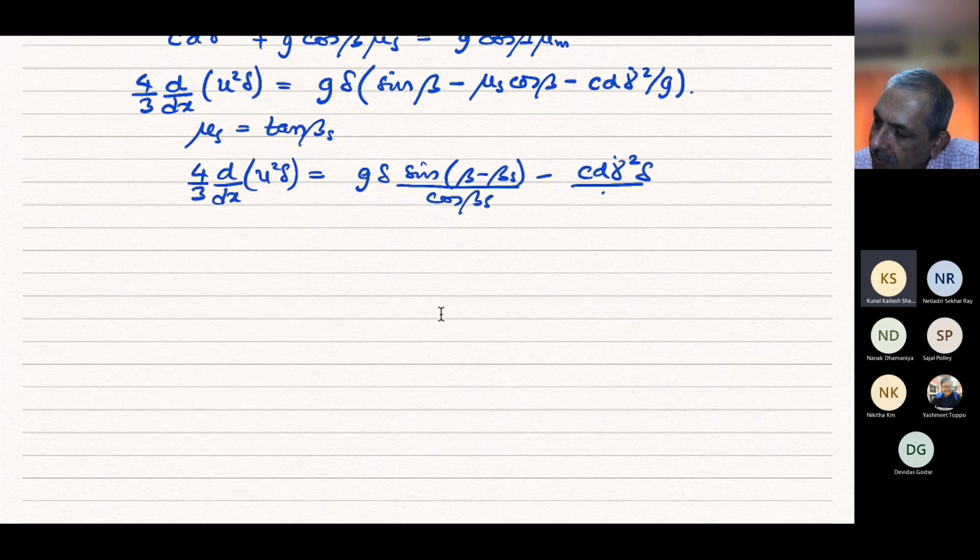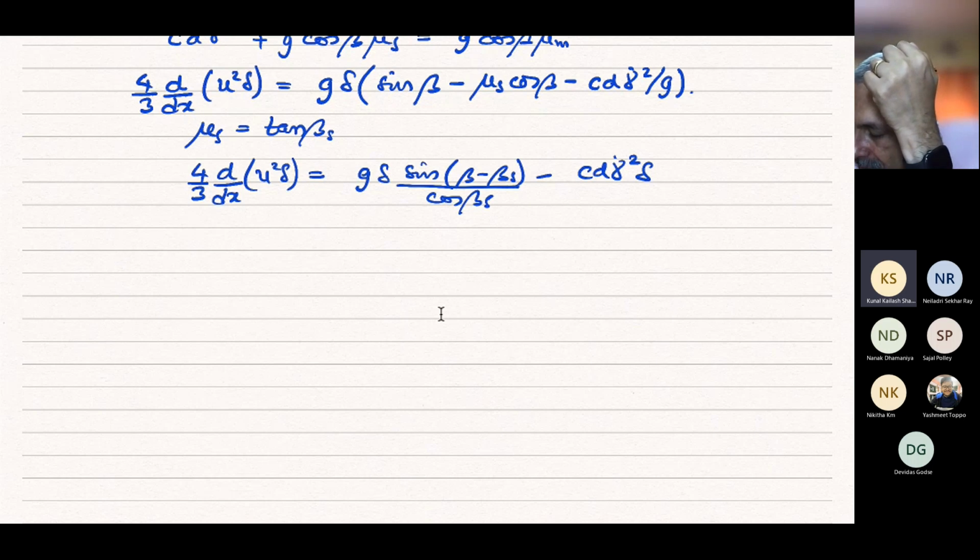The g cancels out. So this is what you get. So here, I'm going to do one more transformation, but then I'll tell you what these things are.